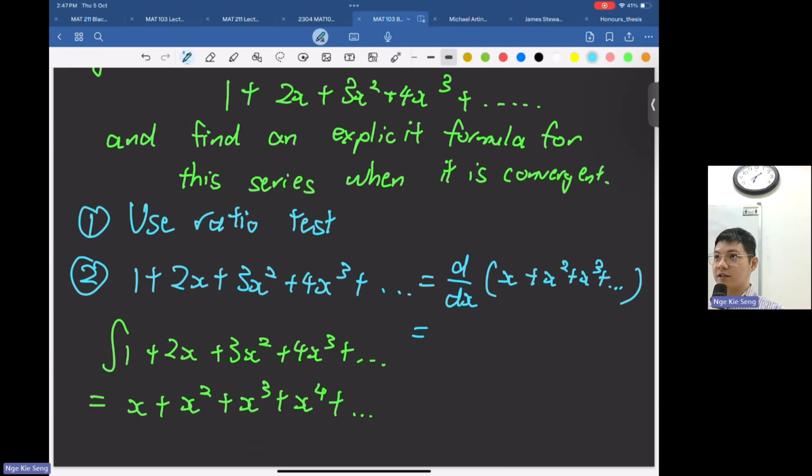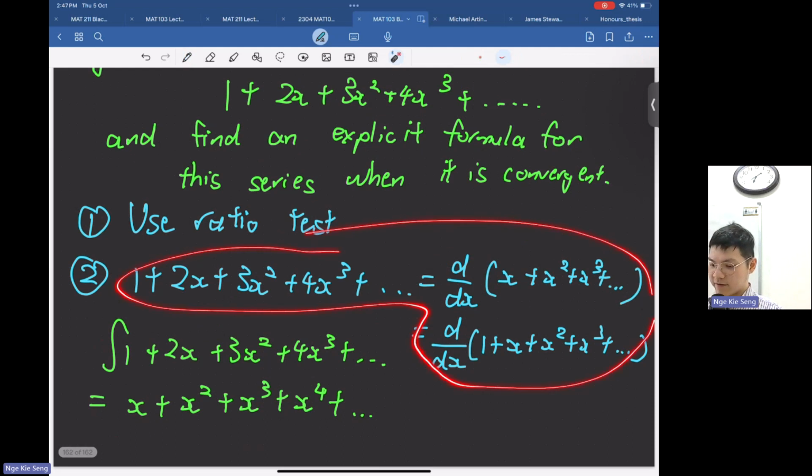In my case, it's easy because you differentiate 1, you get 0. So you are like adding a 0. So I can just add 1 into my function, because differentiating 1 is 0. And when is it true? When can we do all these weird things?